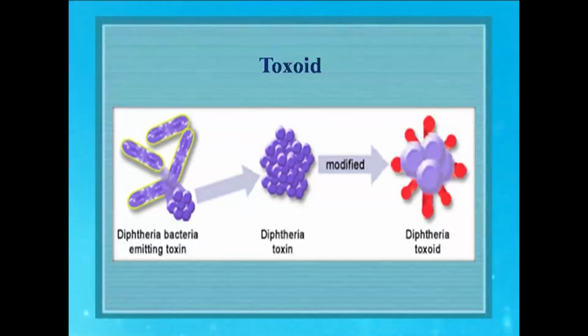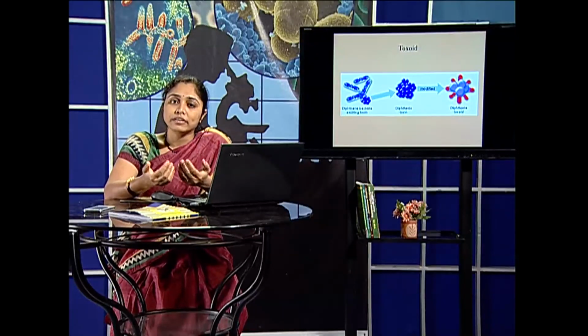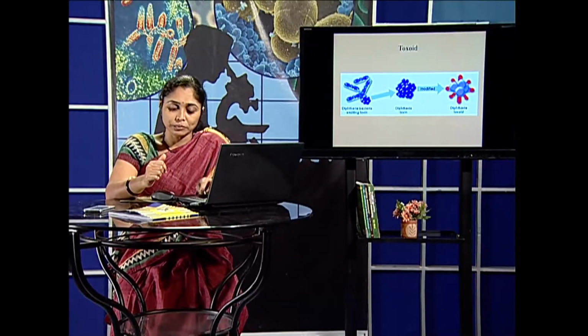Like tetanus, diphtheria, these toxins are chemically inactivated and after chemical inactivation, these toxins are called toxoids. These toxoids are used as vaccinating agents. Immune system develops antitoxoid antibodies and these antibodies provide protection in future.